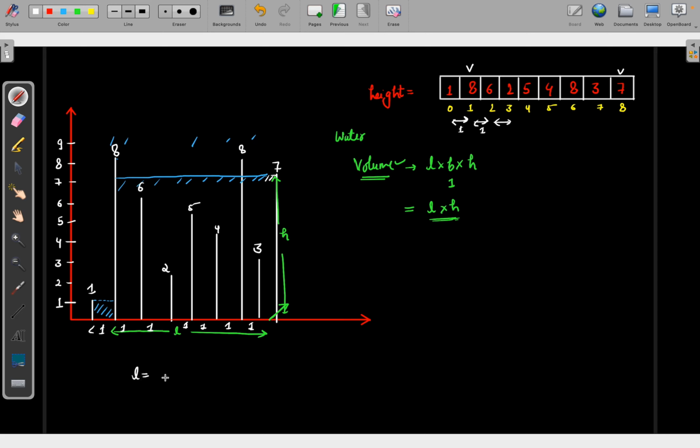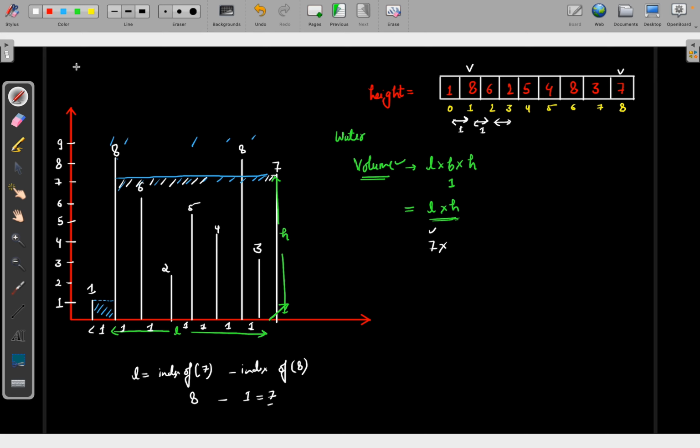Okay, so let me write: length will be index of 8 minus index of 1, that is 8 minus 1, that is 7. So length we have calculated, and we have height here, that is also 7, because see, water level will be at the minimum height of the vertical lines.